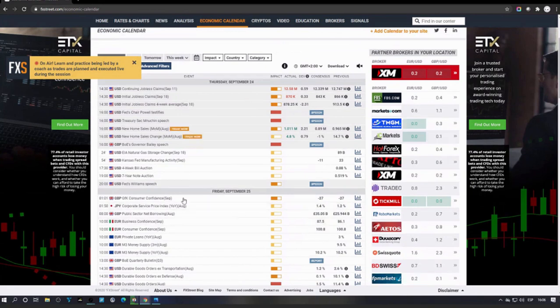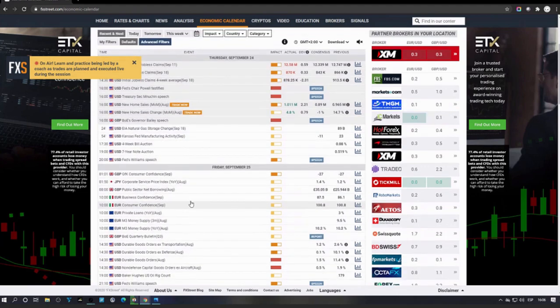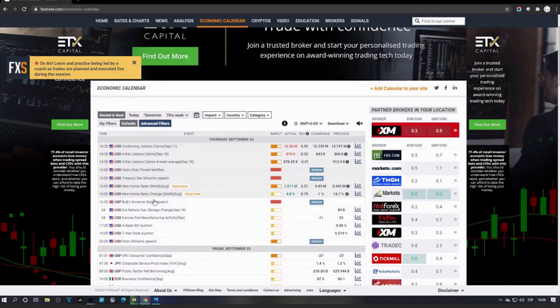It might just change everything you're looking at, and it will invalidate whatever you were doing. So always take a look. If there's big news coming your way at the time you're trading, just be careful. Try to get out before the news release, because the market will get very unstable at that moment.